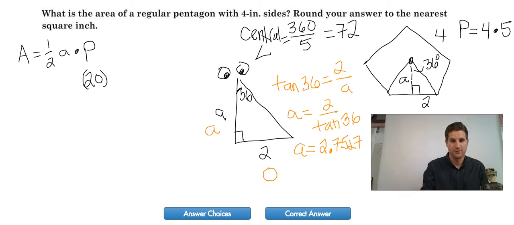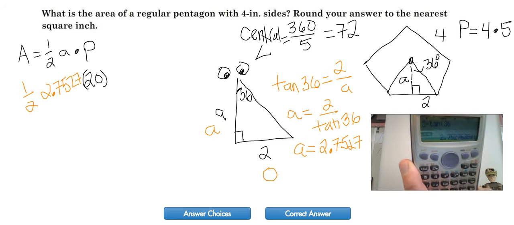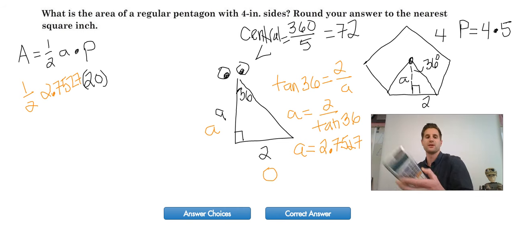So we plug that in over here, 2.7527. I'm just going to leave it in my calculator. So we have it there right in my calculator, and I'm going to multiply that by 20 and divide by 2. Okay, so, whoops, accidentally deleted it from my calculator. So there we go, we got it.